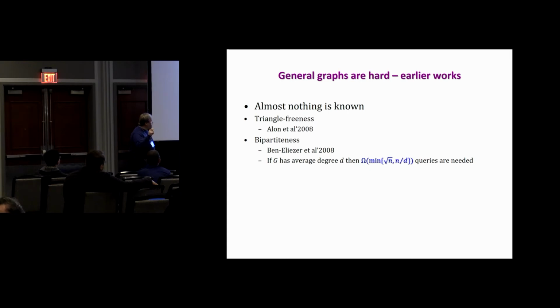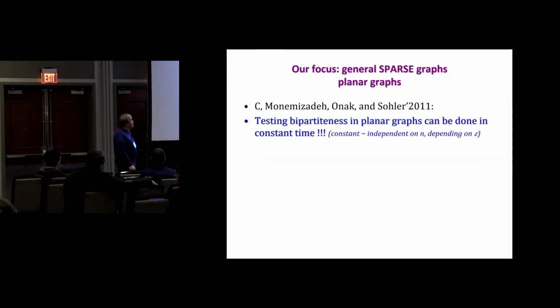So in this talk, we want to think about what we can do with this very short list of problems where we have some good information about what can be solved, and we want to focus on sparse graphs. Sparse graphs will be planar graphs. Several years ago, together with Monemizadeh, Onak, and Sohler, we showed the following result: testing bipartiteness in general planar graphs can be done with a constant number of queries.